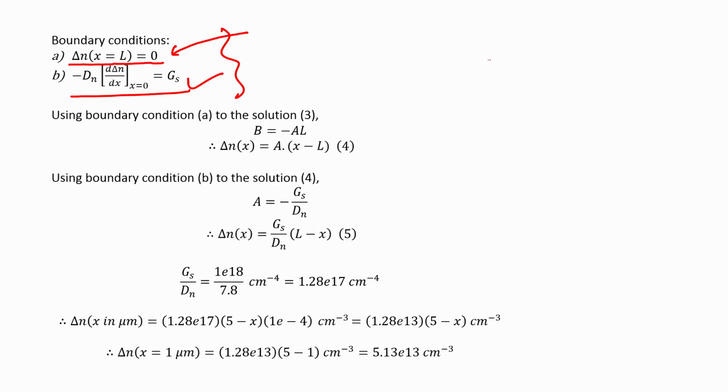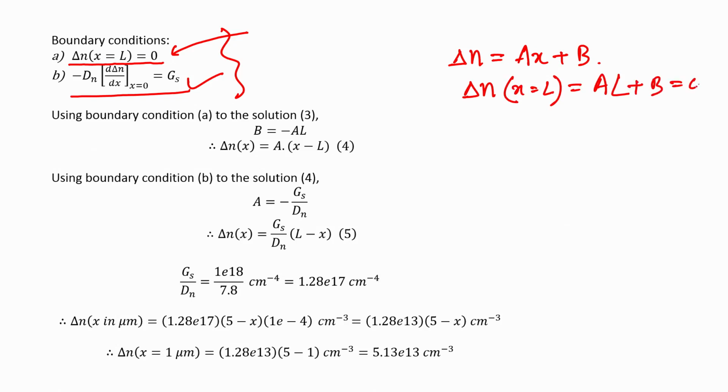So, now the general solution is del n equal to ax plus b. Plug in the first boundary condition. It states that del n at x equal to L is equal to aL plus b, that is equal to 0.